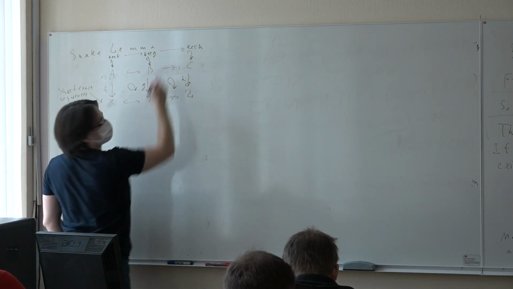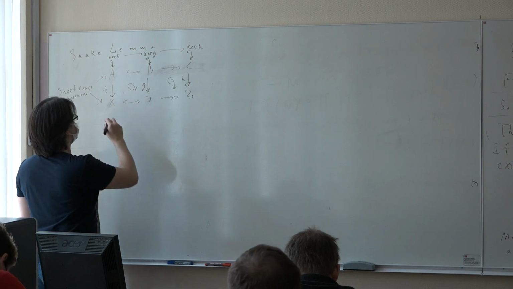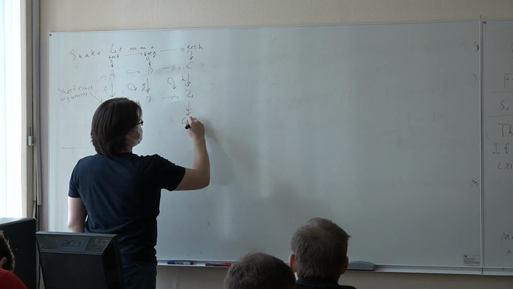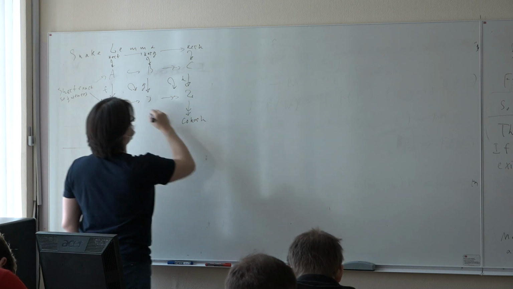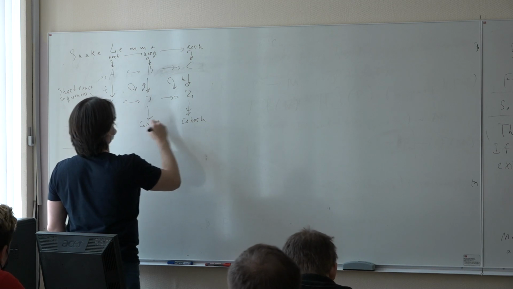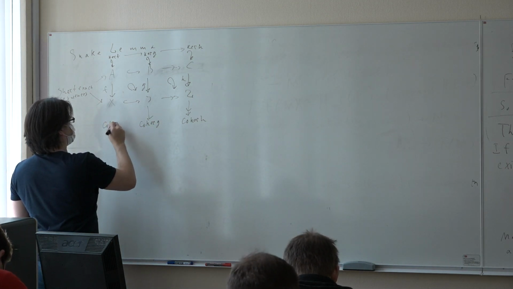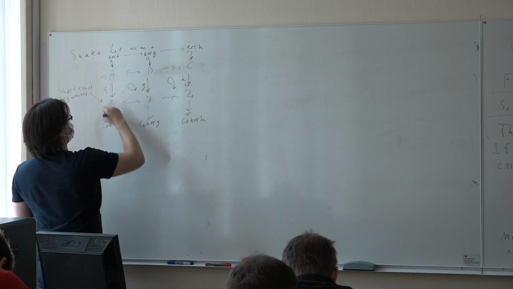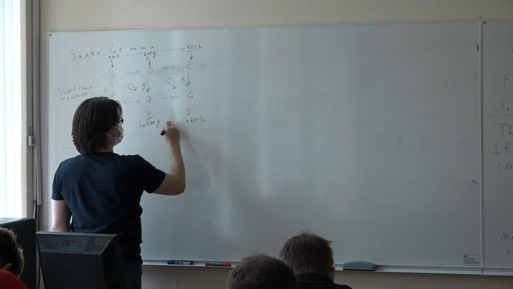Here we have maps on kernels. Here we have co-kernel of h, co-kernel of g, co-kernel of f, and the maps reduced on co-kernels.